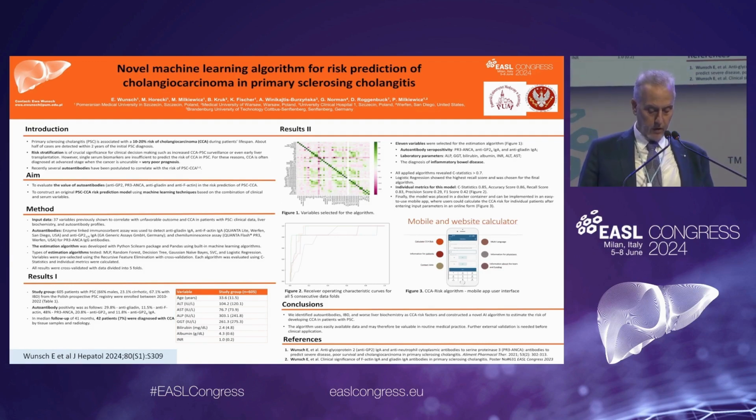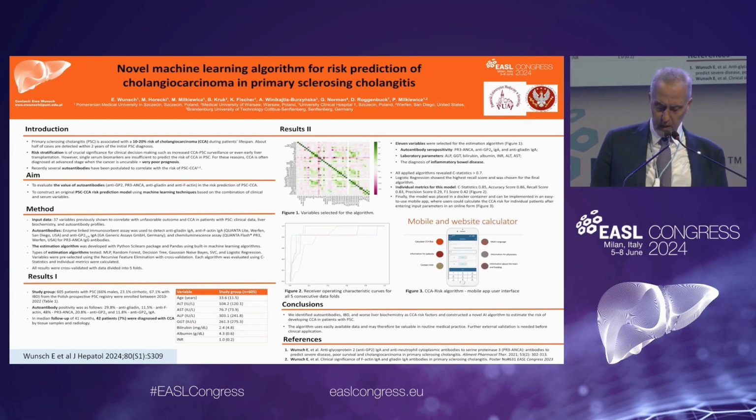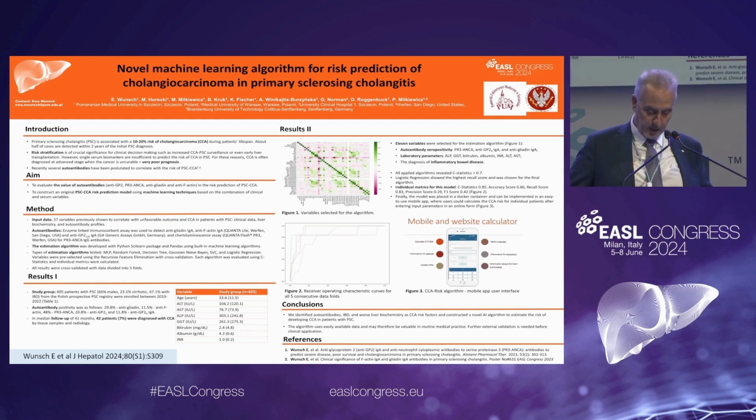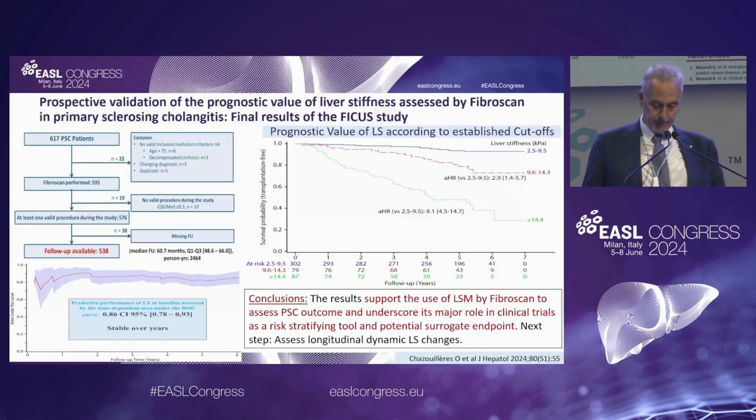Actually, the authors were able to identify a combination of clinical and serum variables, namely some autoantibody seropositivity, common laboratory parameters, and also the diagnosis of IBD as cholangiocarcinoma risk factors, and then constructed a novel artificial intelligence algorithm to estimate the risk of the development of cholangiocarcinoma in patients with PSC. But of course we need further external validation before routine screening on this.